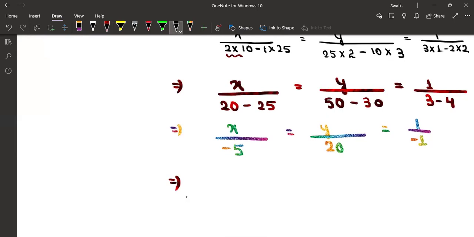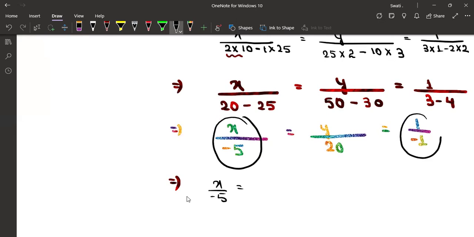We will make the terms. Yes, so you will write down this, which is x upon minus 5 will be equal to what? 1 upon minus 1. And y upon 20, right?